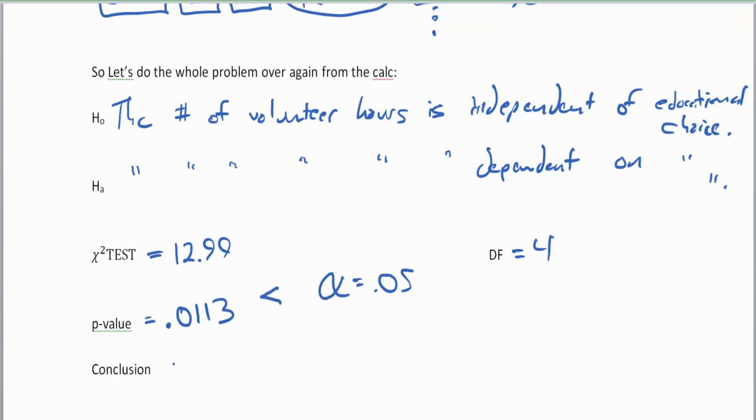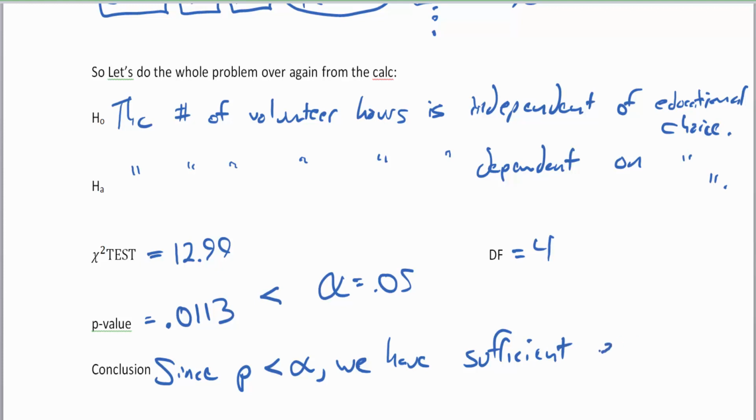So since the p-value is less than alpha, we have sufficient evidence to reject the null hypothesis. My pen keeps slipping today, creating big vertical streaks there. So that means that these are definitely not independent.